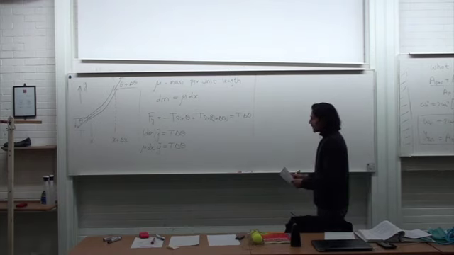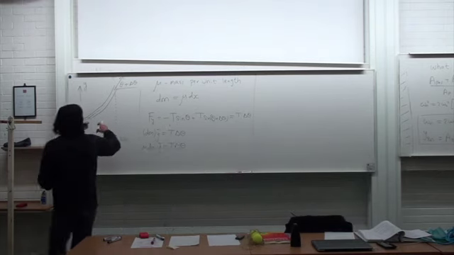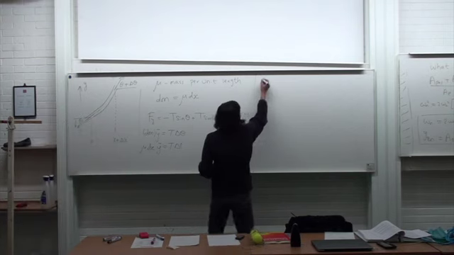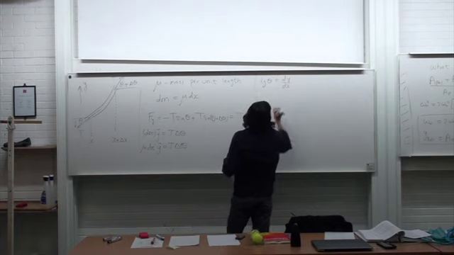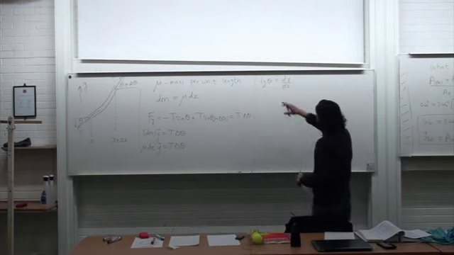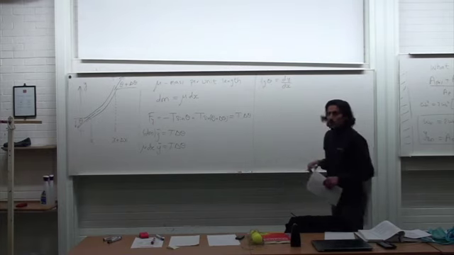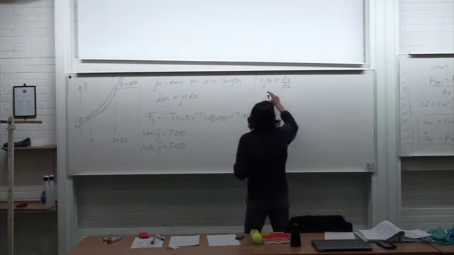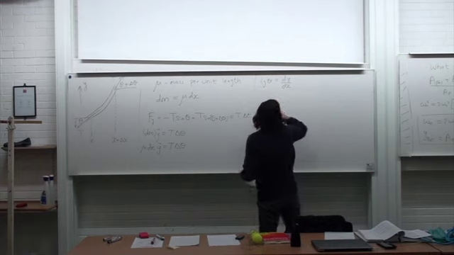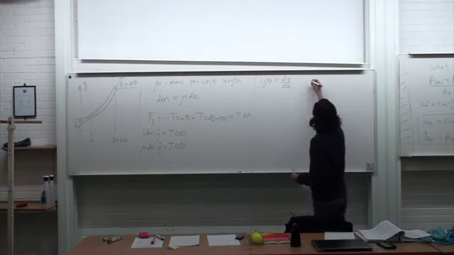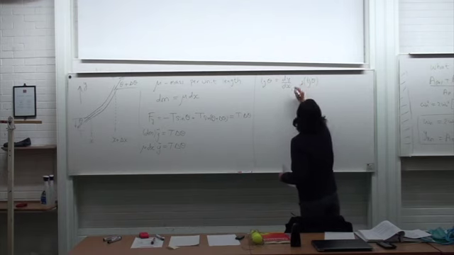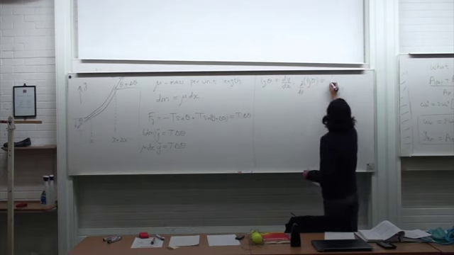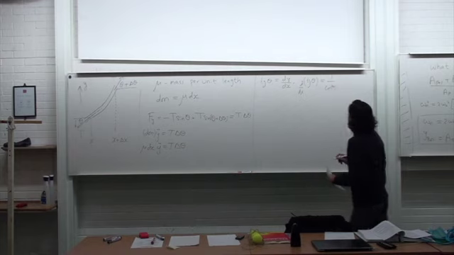What is tangent theta? Tangent theta is dy over dx. The small angle approximation, so theta is dy over dx. But what is the derivative of tangent theta? The derivative with respect to x is 1 over cosine squared theta.